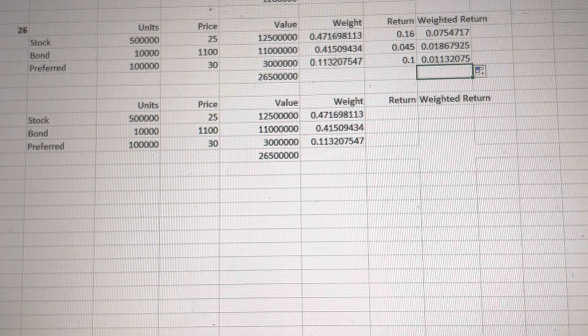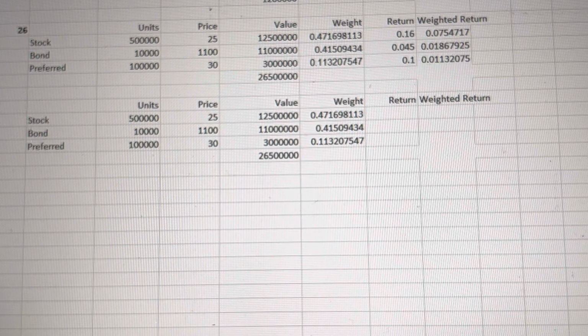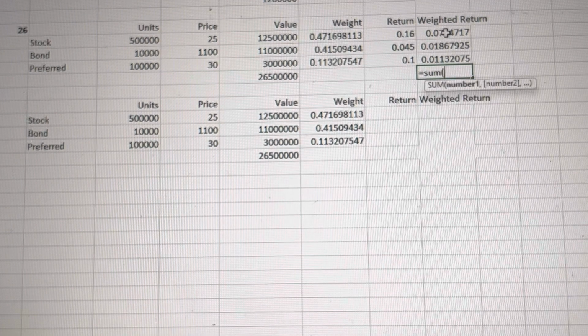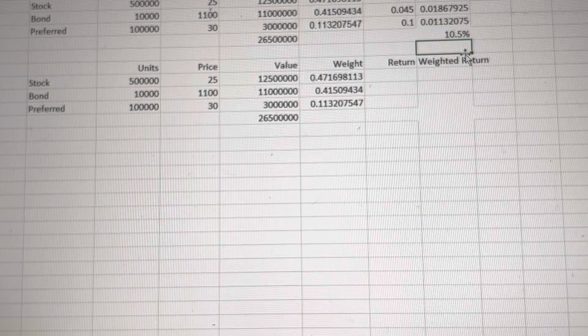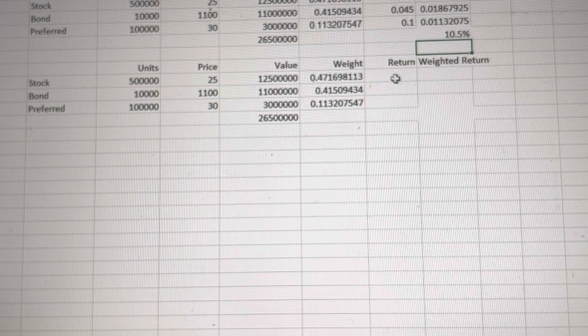And we find the sum of the weighted returns. For part A, the zero tax rate, we got 10.5%.